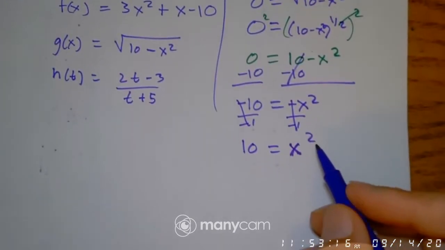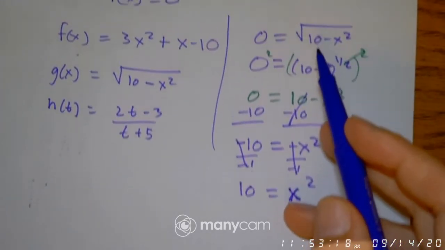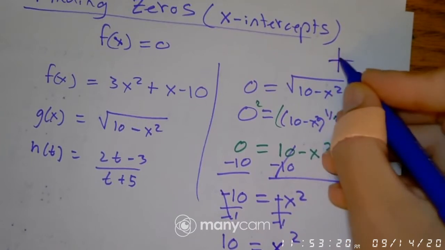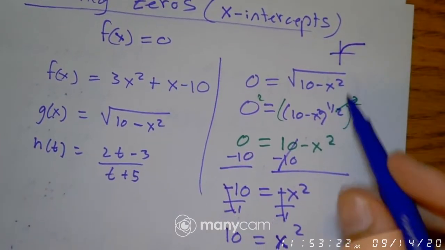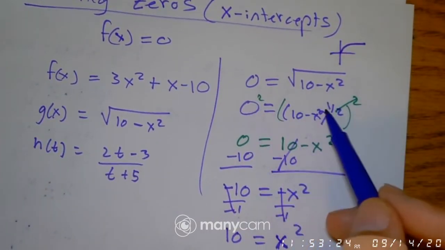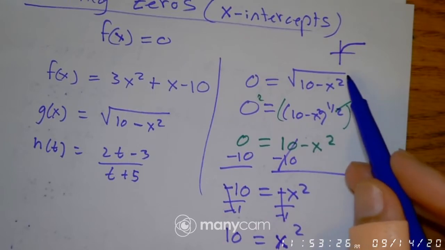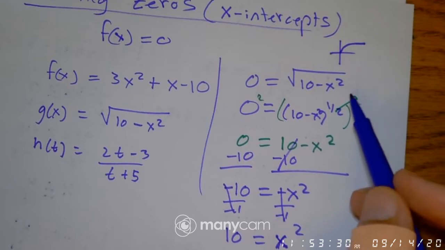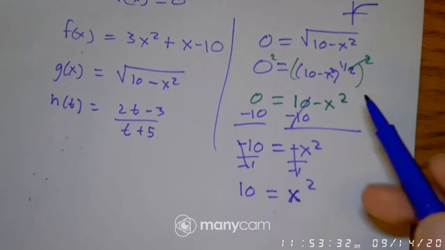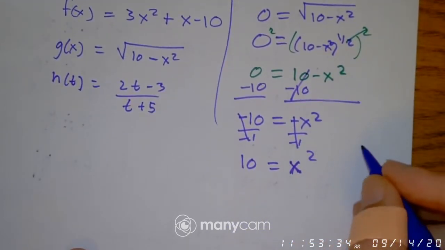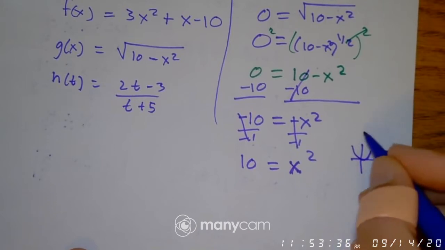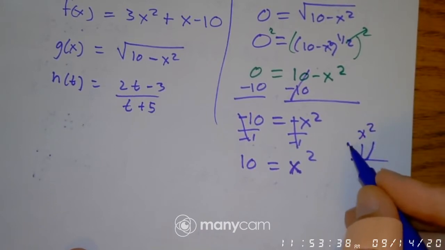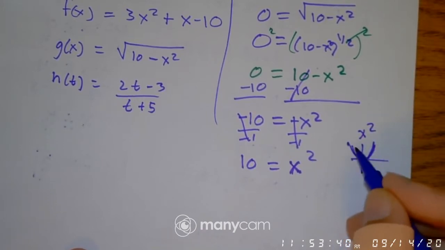Now, this is where we have to be careful. The square root is always positive, so we don't have to worry about a negative answer when we square it. Does that make sense? The domain and the range are always positive, so when we square it, we're always going to get a positive. But here, if I look at a square root, a squared, see how there's negatives?